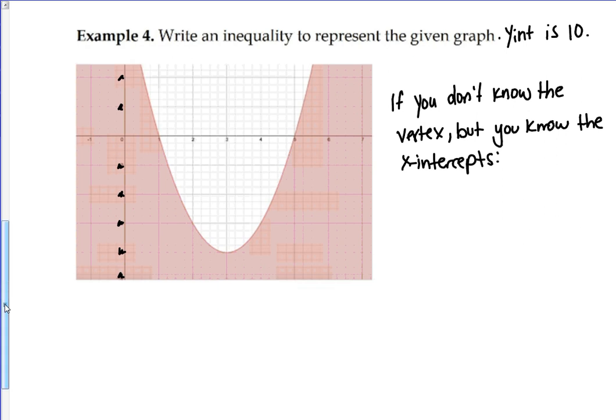There's something called factored form, and I don't think we've ever talked about factored form. Maybe we did. I'm not sure. But you can also write an equation of a quadratic in factored form, and it's exactly what it sounds like. So write the equation in factored form.